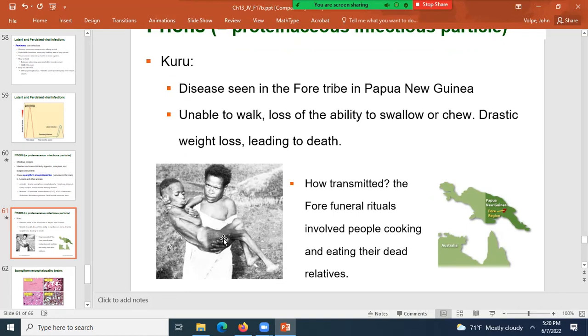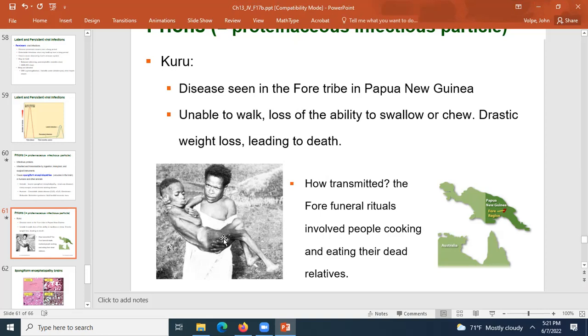How was it transmitted? Kuru was transmitted during the Fore funeral rituals where people cooked their dead relatives and then ate them. Okay, any question about that?